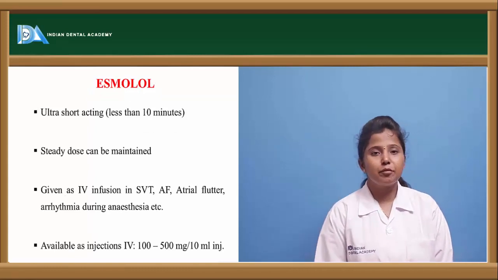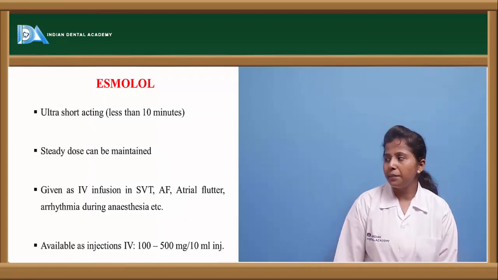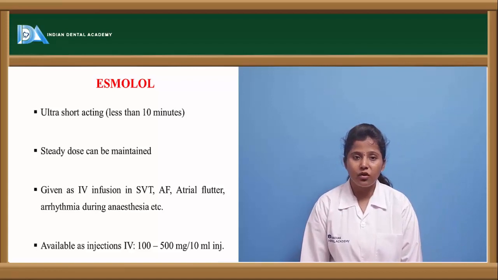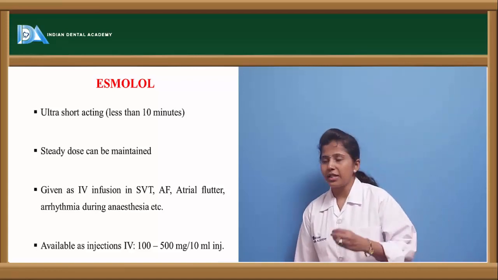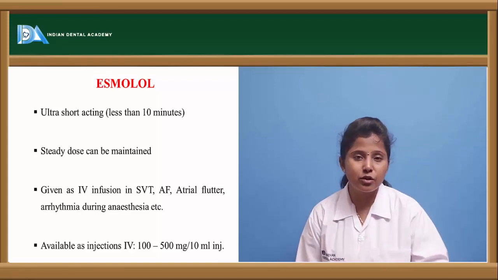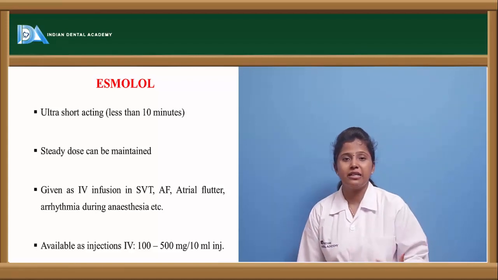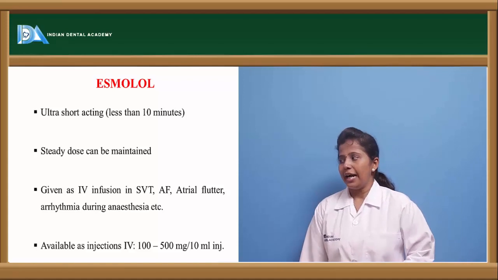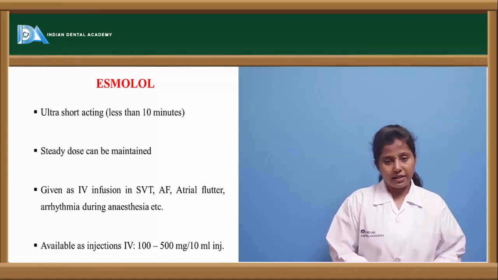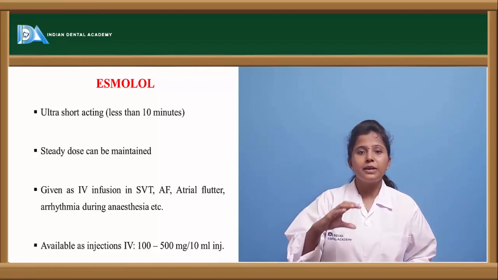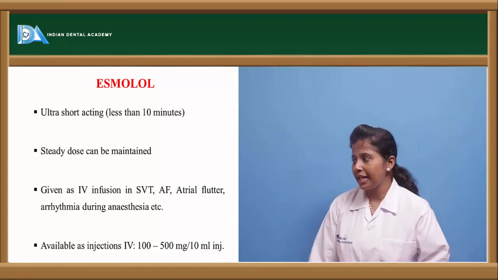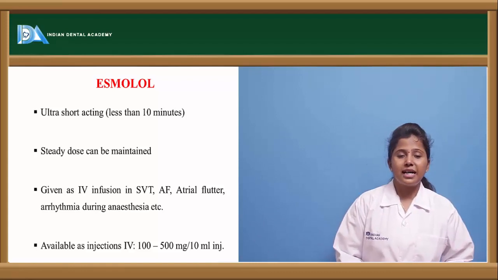The other drug is esmolol. So esmolol is also a beta-1 selective receptor antagonist. When compared to atenolol, it has a shorter duration of action, that is, less than 10 minutes only. We can say it is an ultra short acting, fast acting drug, and the steady dose can be maintained. In the sense, once it reaches the peak concentration, the effect shown at the peak concentration of the drug can be sustained, and it is given through IV route.